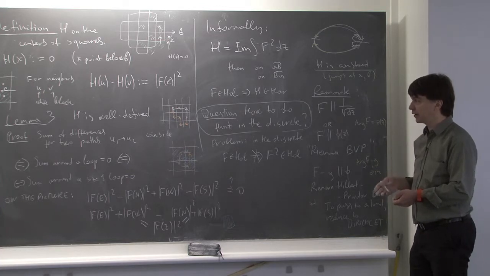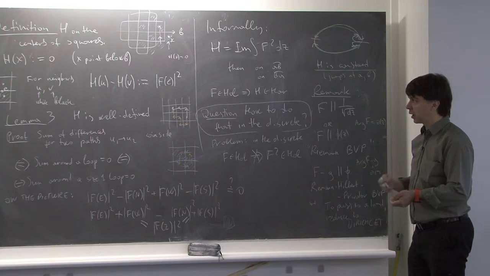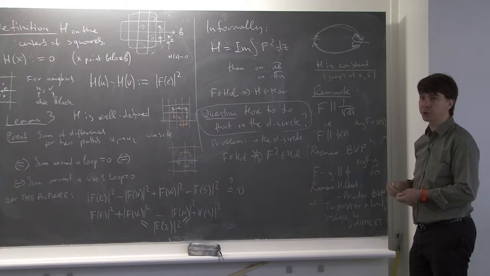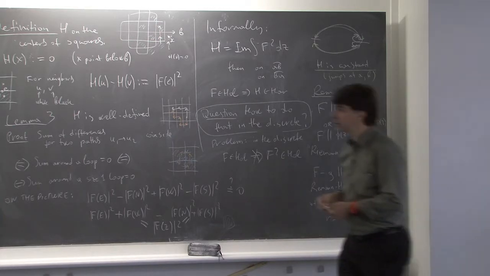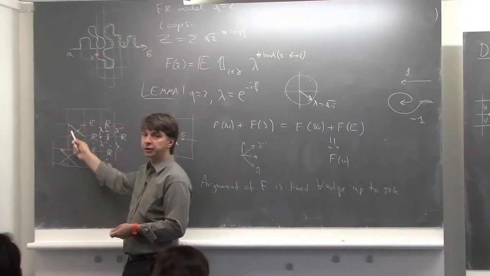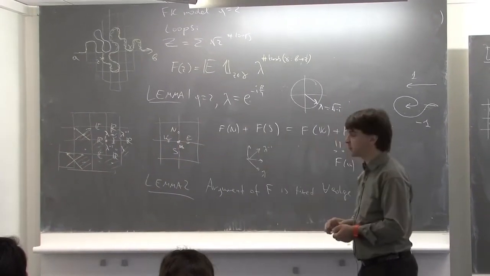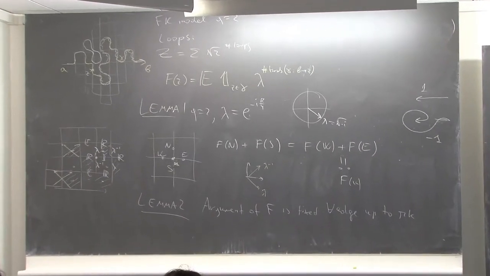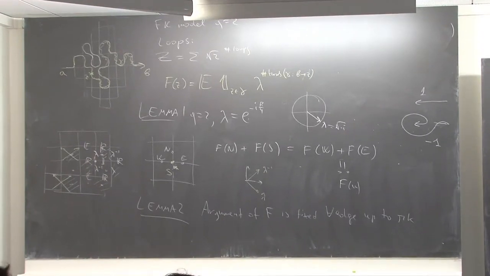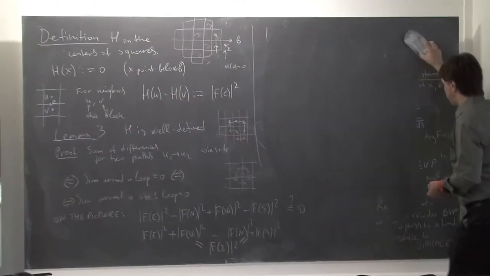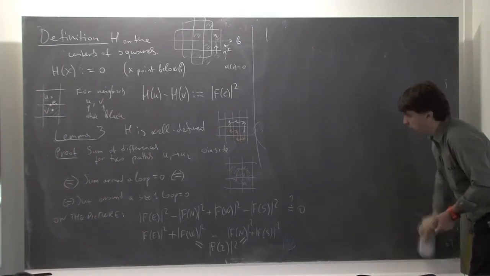So it shows that in our setup, with our definition of discrete analyticity, f squared is a closed form, so you can integrate it. It's slightly different from the usual definition. If you just take the usual definition, it won't work. So we have some additional information which makes this possible. Or you can do it with the usual definition if you look at it in a proper way.